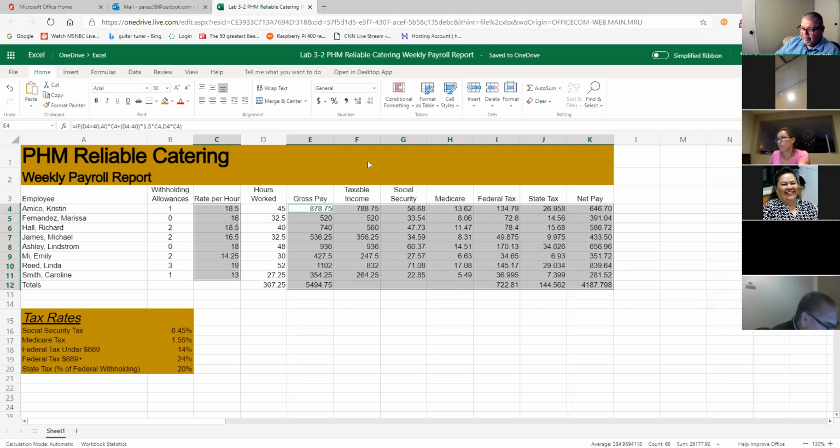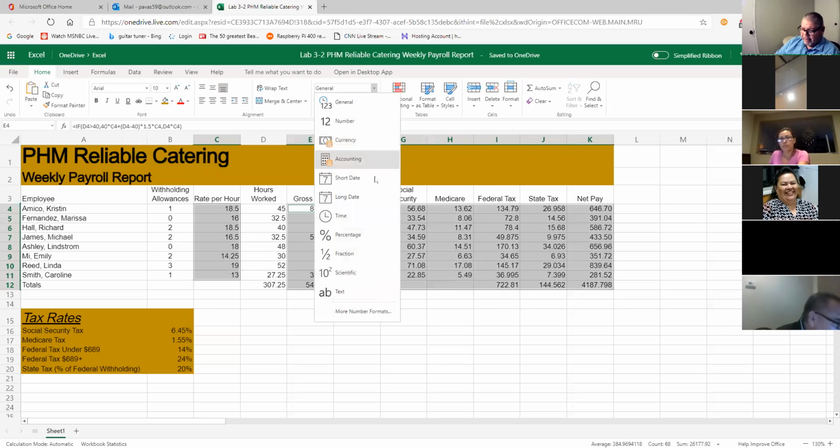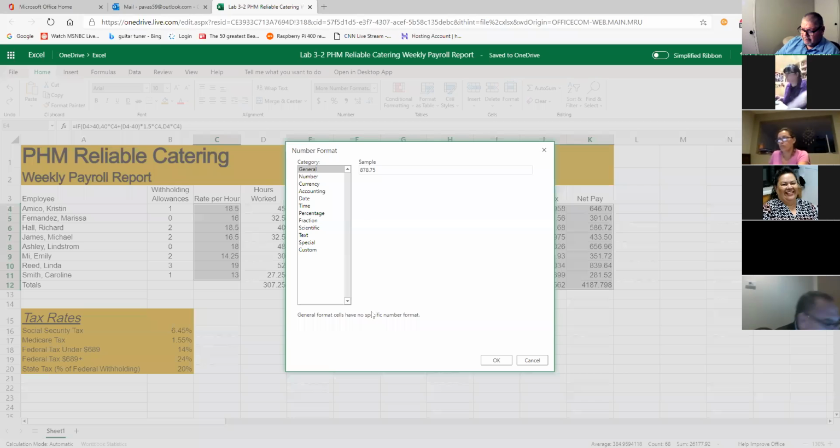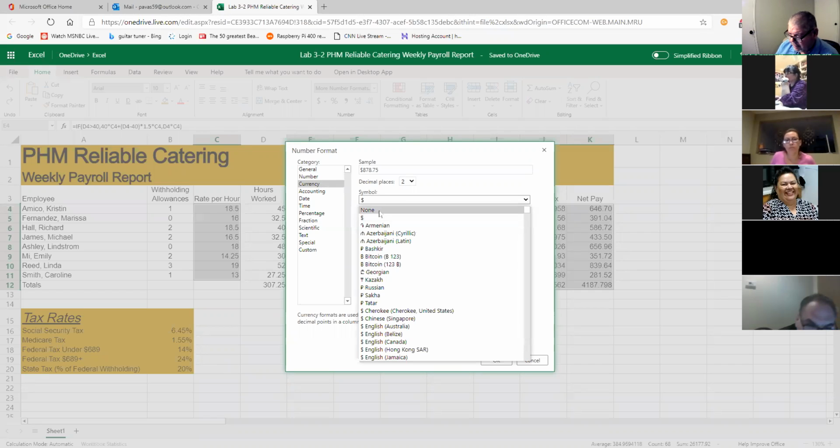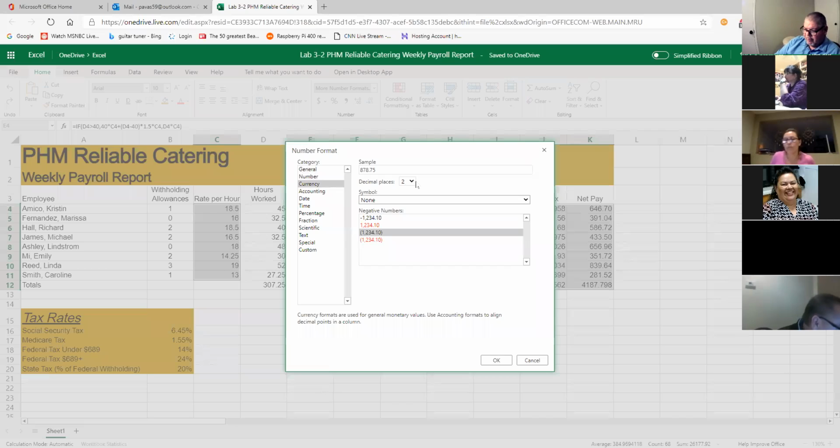Those two, we're going to apply the, we can just go to the number right here, more number formats. They want us to do the currency, I think it is, with the black parentheses, no dollar sign. So right here, we want to put none, and 2 decimal places.